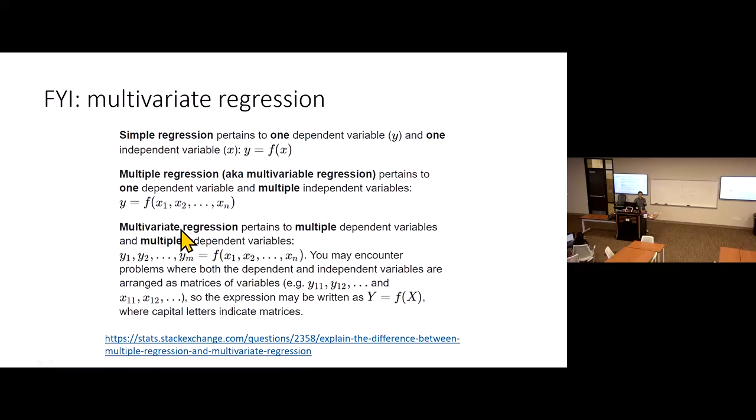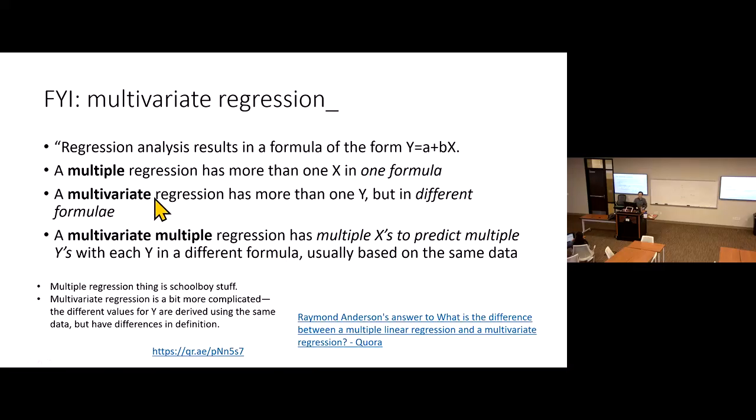As long as you have multiple outputs, so y becomes not a vector but a matrix, then this analysis is called multivariate analysis. There is multivariate regression analysis, but it is not covered by this lecture.